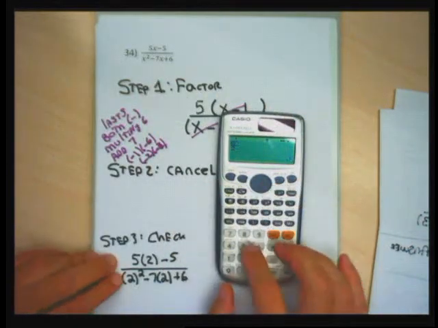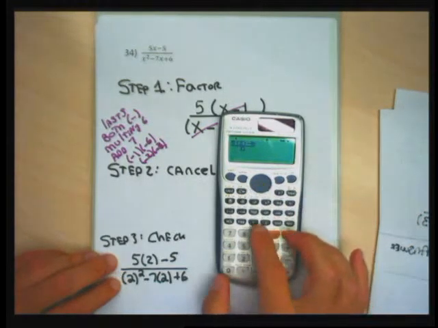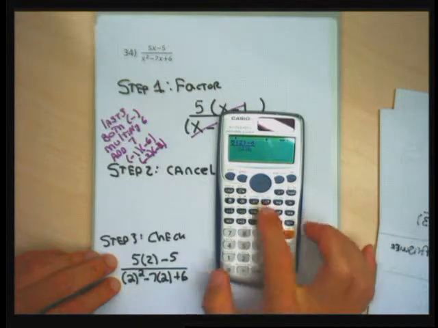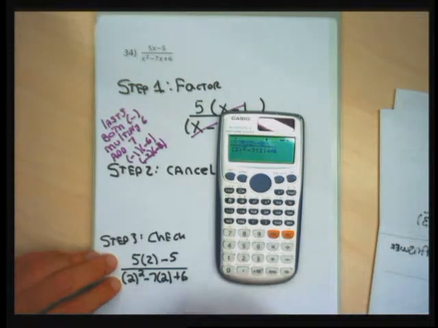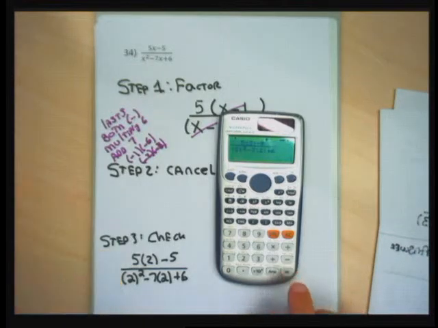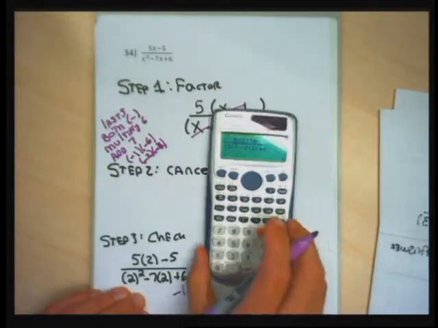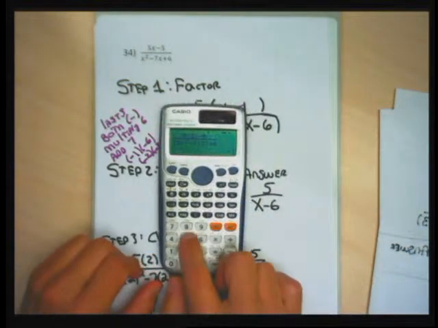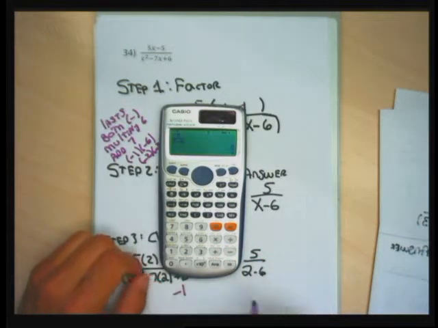In the original problem, when I plug in 2 for x, I get negative 1. When I plug in 2 for x in my answer, I get 5 over 2 minus 6. Oh, I get negative 5/4.